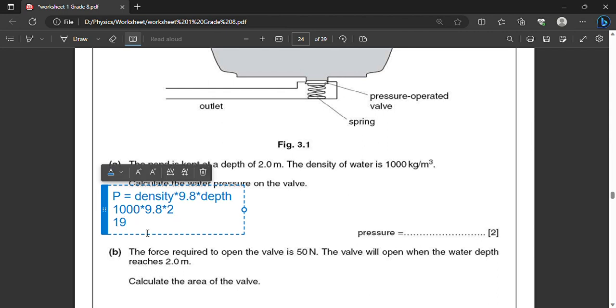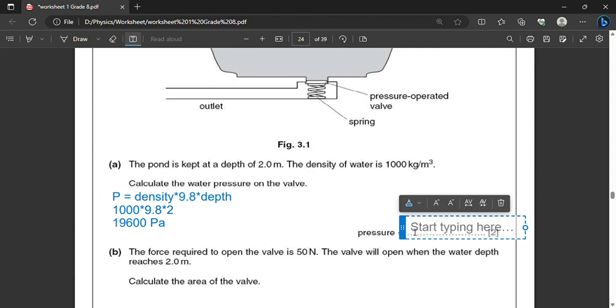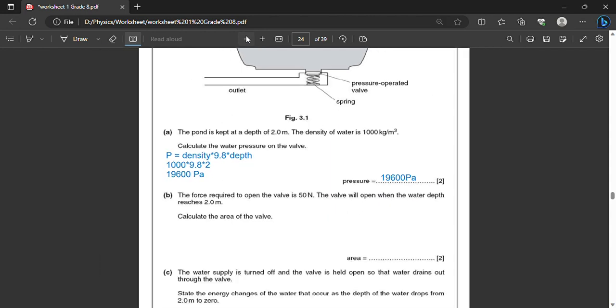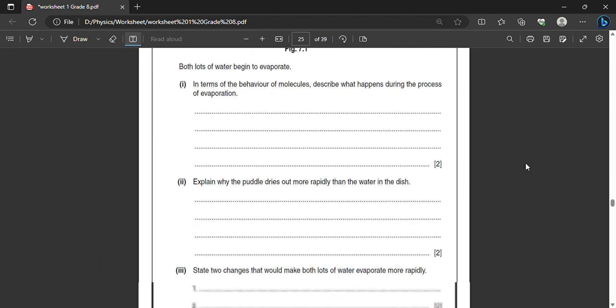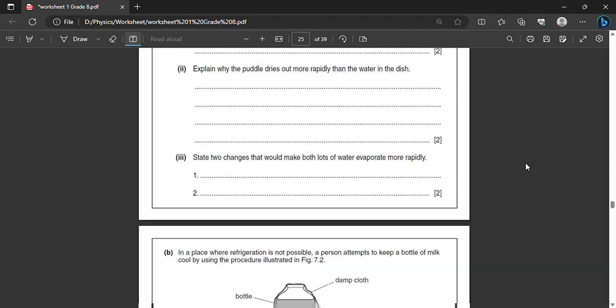When you key this into the calculator, you'll get 19600 pascals. So the final answer is 19600 pascals. So the next question that we can look at is, let's see.